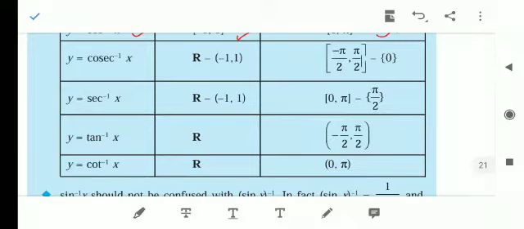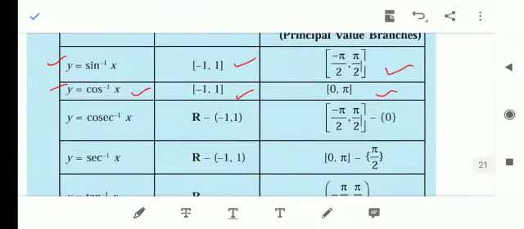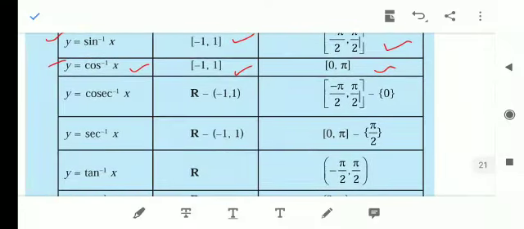So, one very important result: how can we keep this table in mind? You simply write down y equal to sin inverse x, cos inverse x, cosec inverse x, sec inverse x, tan inverse x, and cot inverse x.